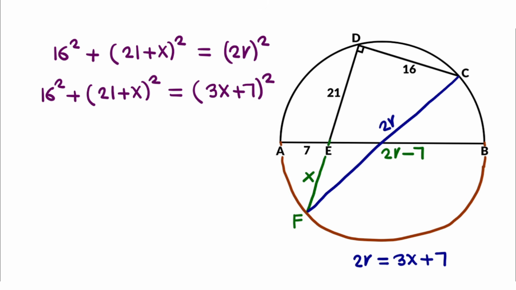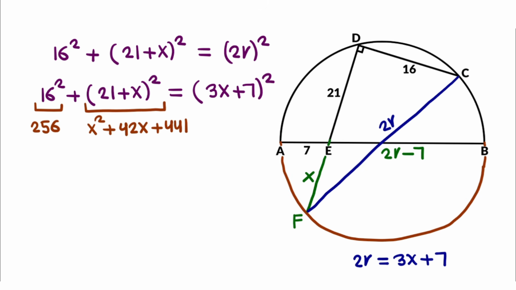And now comes the most satisfying part of the entire puzzle. Let's expand both sides. On the left, 16 squared is 256, and the quantity 21 plus x squared becomes x squared plus 42x plus 441.